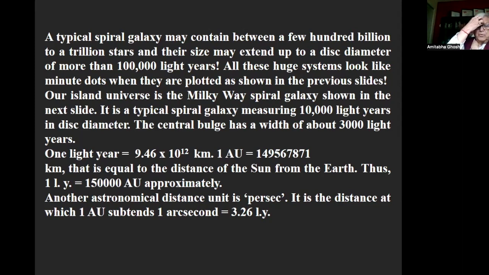Another astronomical distance unit is the parsec, which is the distance at which one astronomical unit subtends an angle of 1 arc second, which is approximately 3.26 light years. We will not bother too much about this number. Don't worry about this. The only thing I want to say is that when we discuss the universe, our distance indicator is the light year.